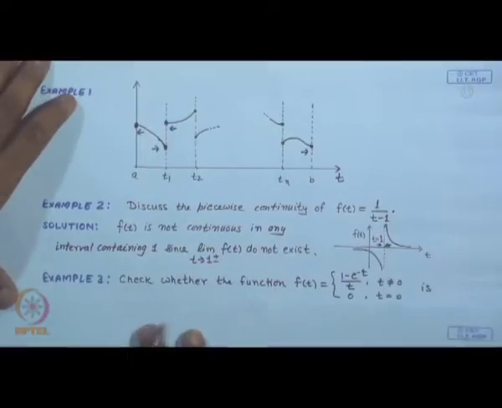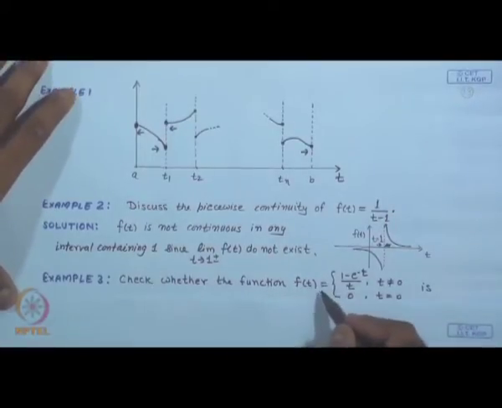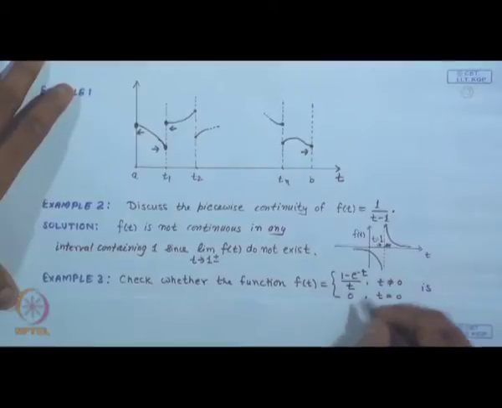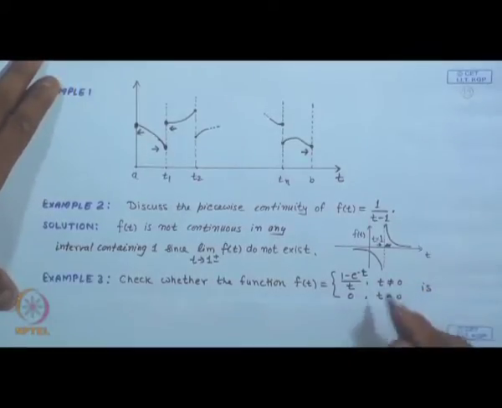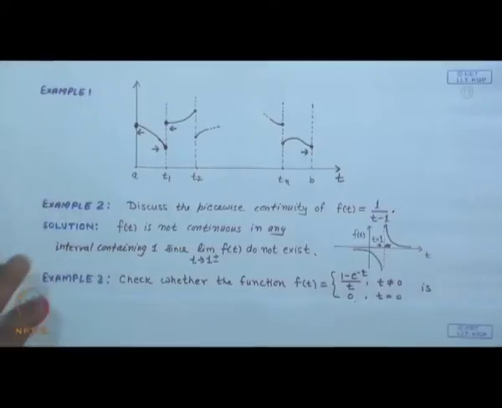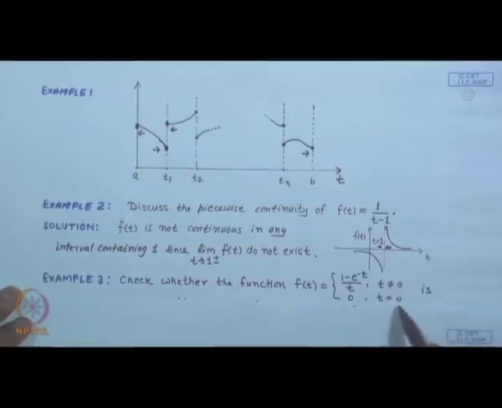Another example: if we have the function f(t) equal to (1 minus e to the minus t) over t for t not equal to 0, and we have 0 when t is equal to 0. We have to check whether this function is continuous or not. Again we have a problem at t equal to 0.